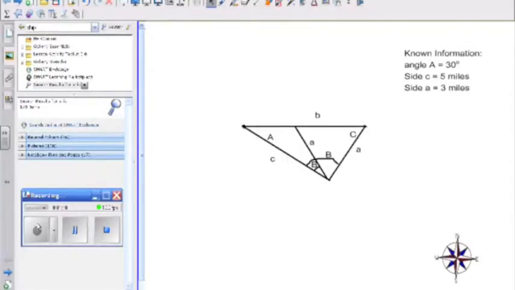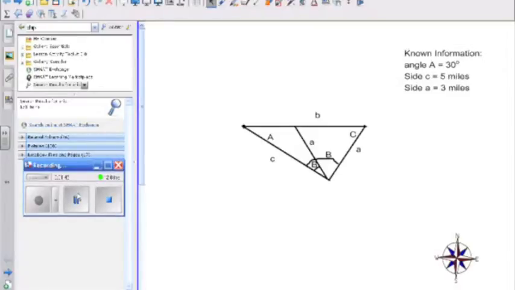for the corresponding angles. To find the potential lengths for side b, we use the law of cosines.